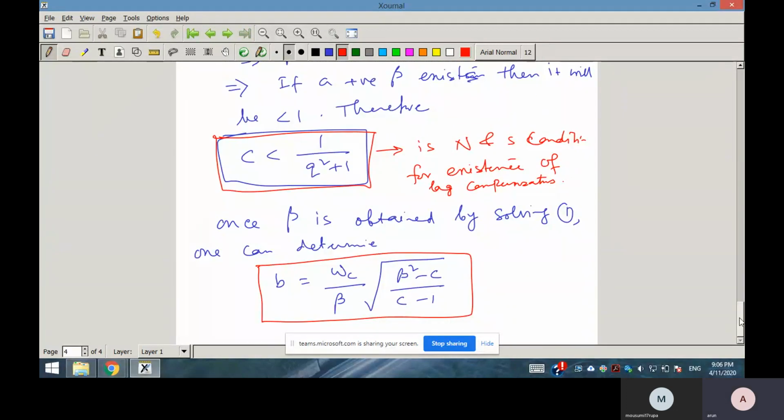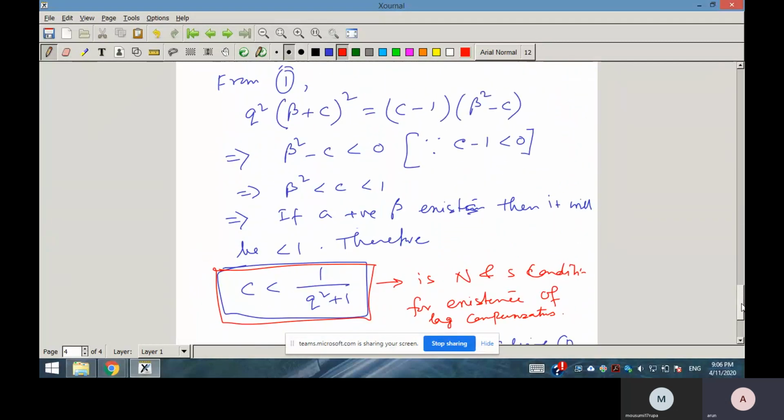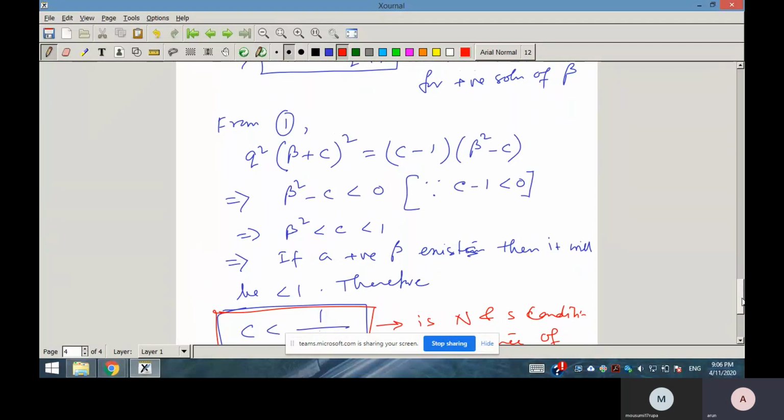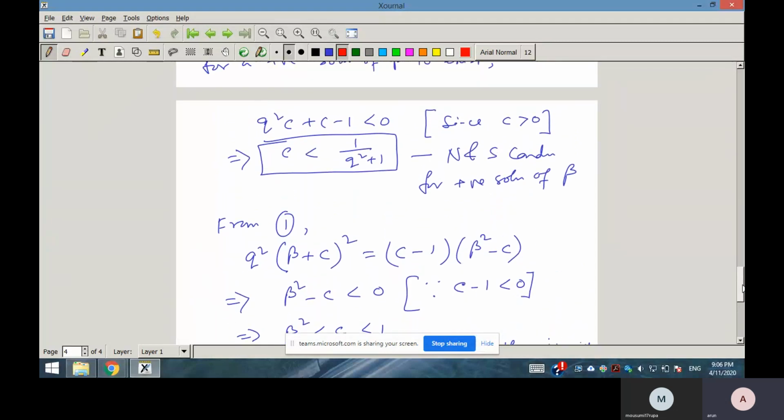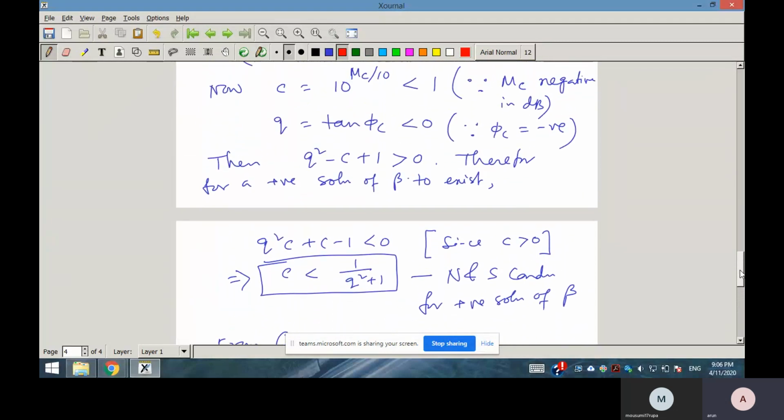As I said, the main objective of the lag compensator is to provide gain attenuation. While providing gain attenuation at a particular frequency, it also provides some phase lag.